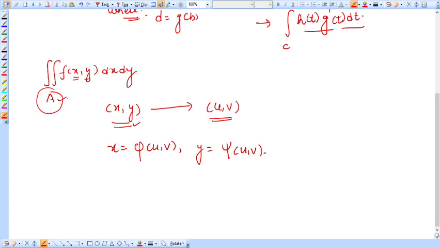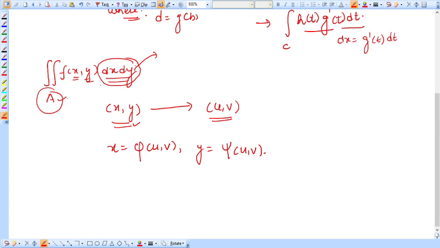In place of x you will write phi, in place of y you will write psi. So how would the elements of integration change? Earlier we saw that dx was equal to g'(t) dt.